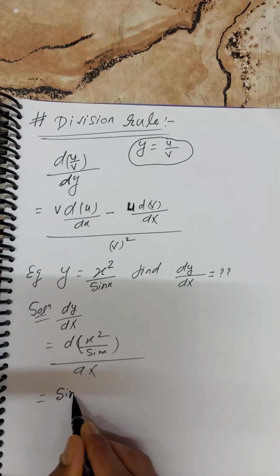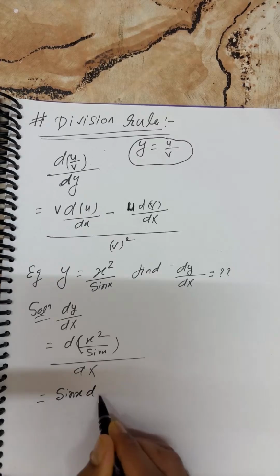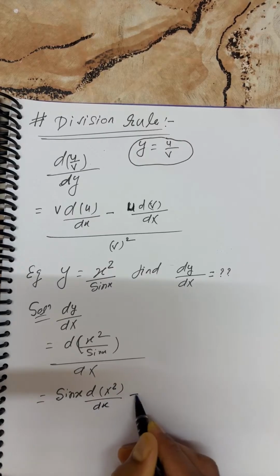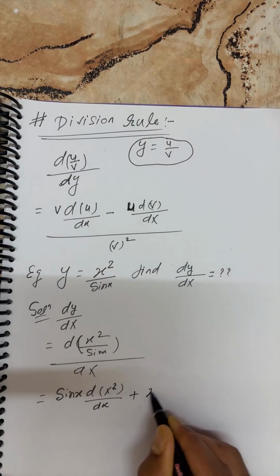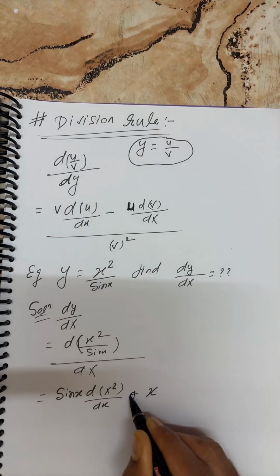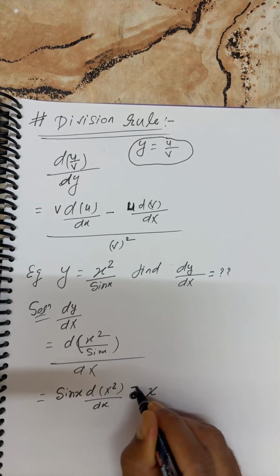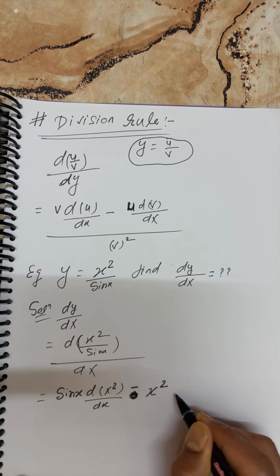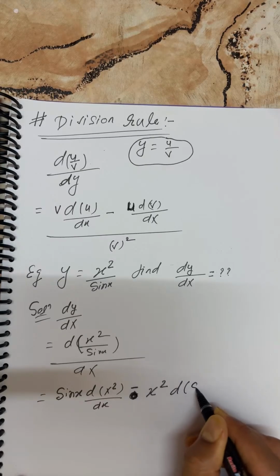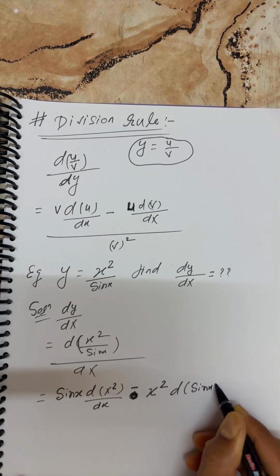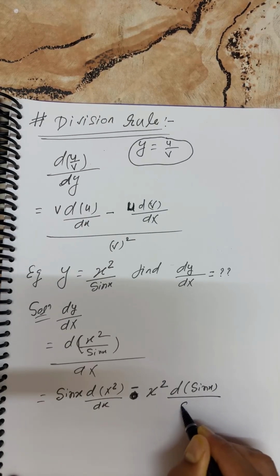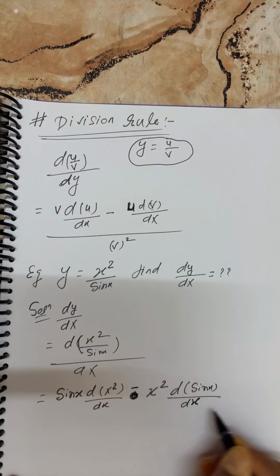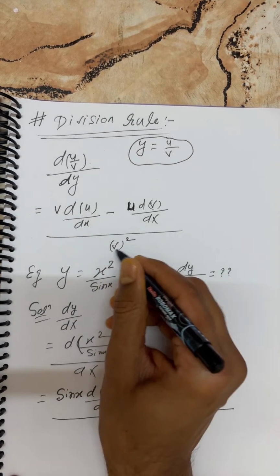This is sin x, differentiation of x squared upon dx plus, sorry, my bad students, extremely sorry, it's minus in the formula here. Now I'll keep x square constant and I'll differentiate sine of x upon dx, upon v square.